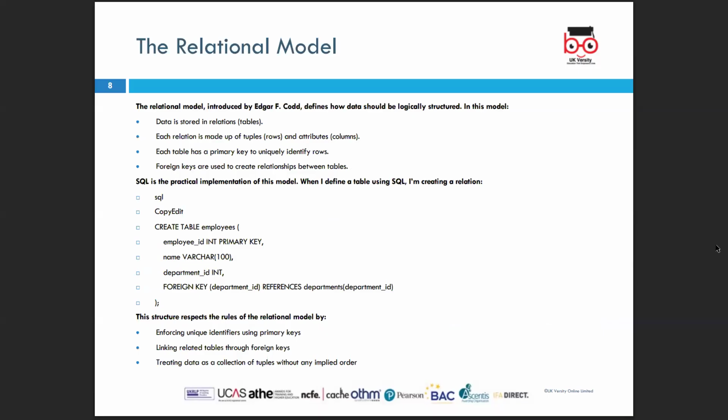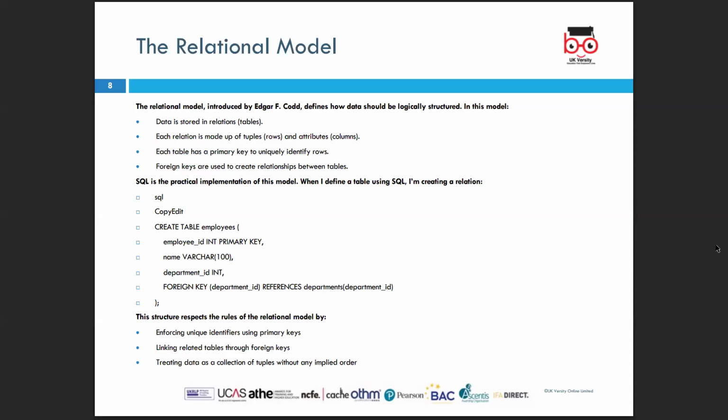So when it comes to the relational model, it was introduced by Edgar F. Codd, which defines how data should be logically stored in this model. So we know that data is structured in relations. Each relation is made up of rows and attributes, rows and columns.